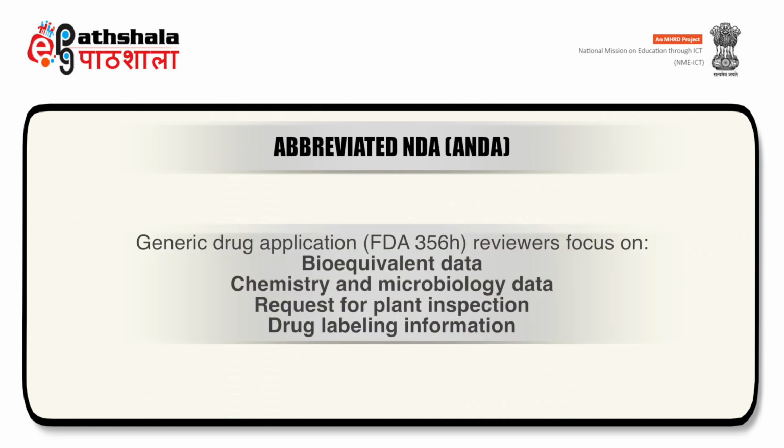The reviewers have a special focus in analyzing the submitted chemistry and microbiology data, bioequivalence data, the labeling information provided by the sponsor, as well as the request for the inspection of the plant where the drug will be manufactured.